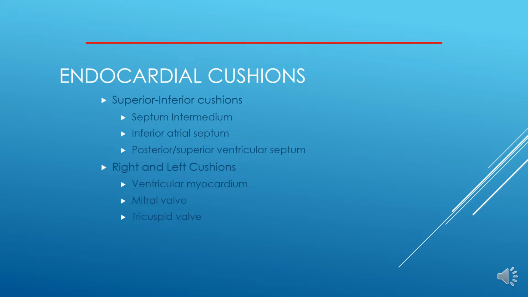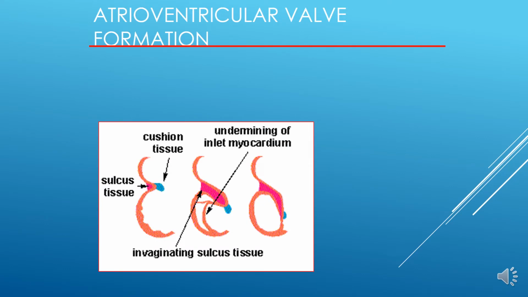The superior inferior cushion forms the septum intermedium, inferior atrial septum, and posterior superior ventricular septum. The right and left cushions form the ventricular myocardium, mitral valve, and tricuspid valve. And this is a diagram showing the atrioventricular valve formation.